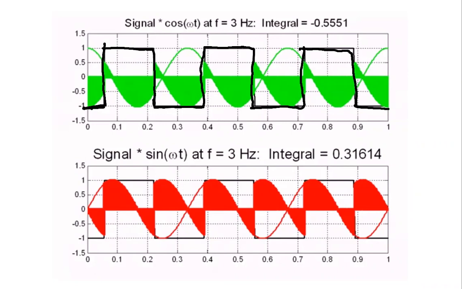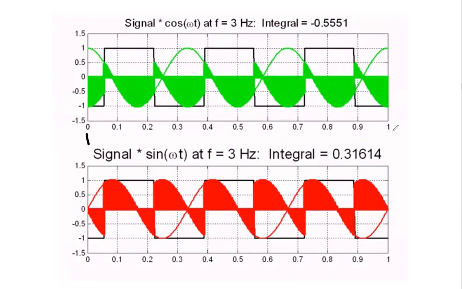By observing this square wave, can you find the frequency of that square wave? This is from 0 to 1 second. How many pulses do you have? You have 1, 2, 3 pulses.